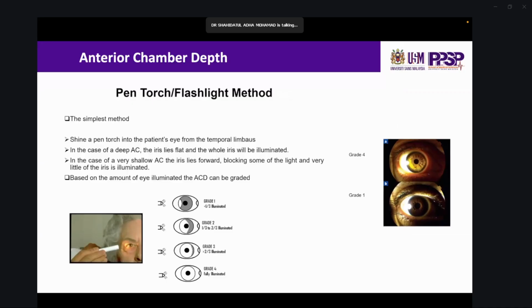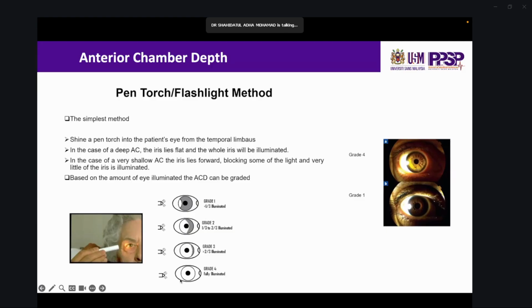So not only that, on anterior segment examinations using pen torch, you can assess the anterior chamber depth as well. All right, and this is actually the simplest method where you shine the pen torch into the patient's eye from the temporal limbus, like in the picture here. All right, so you have to grade accordingly.